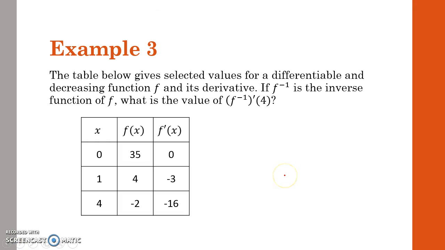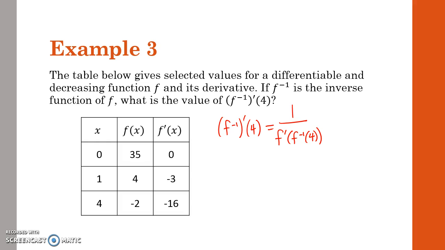All right, last question. The table below gives selected values for a differentiable and decreasing function f and its derivative. If f to the negative 1 is the inverse function of f, what is the value of its inverse's derivative at 4? Once again, let's use the formula. The derivative of the inverse of f at 4 would equal 1 over f prime of the inverse function's value at 4.